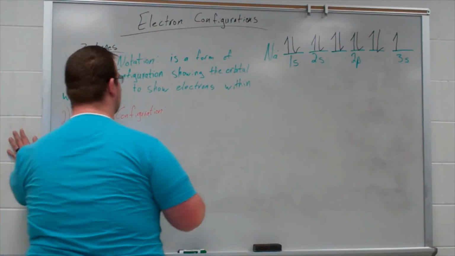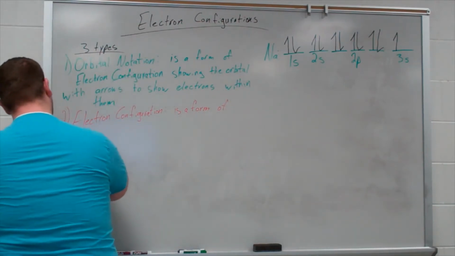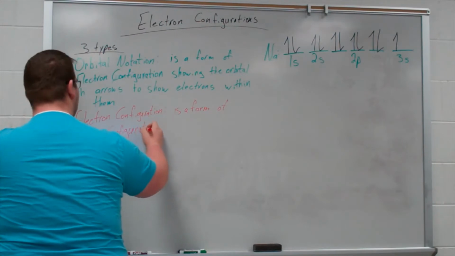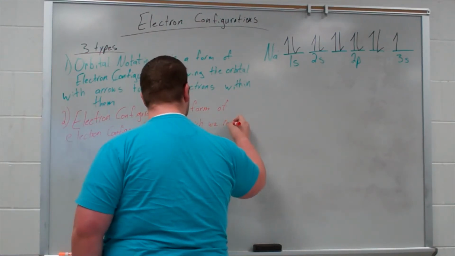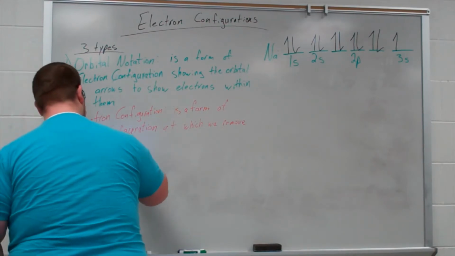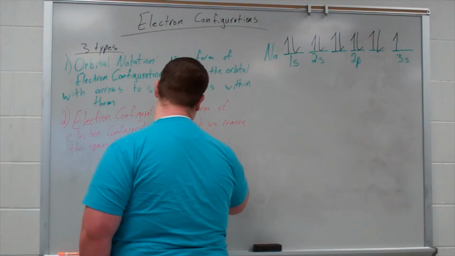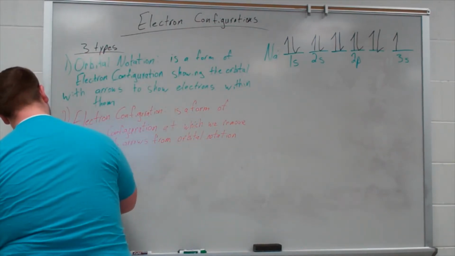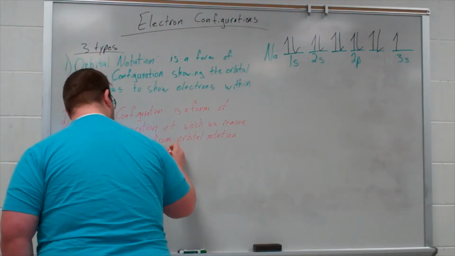So this is a form of electron configuration at which we remove the spaces and arrows from orbital notation and place exponents in their place.